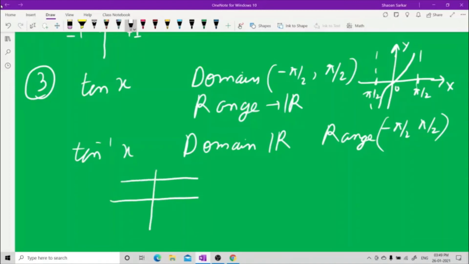This will be your y equal to pi by 2, and this will be your y equal to minus pi by 2, and now your domain is R, so you will come from here and you will be bounded. See, tan inverse x is bounded between minus pi by 2 and pi by 2. It cannot cross this. It is a bounded function, the limit exists everywhere, it is continuous, it is differentiable, everything. This is the graph of tan inverse x. So basically you are inverting the whole thing.